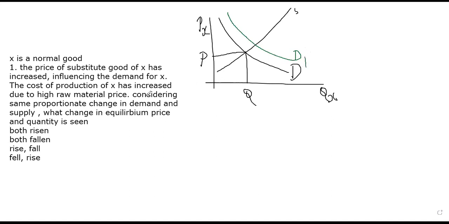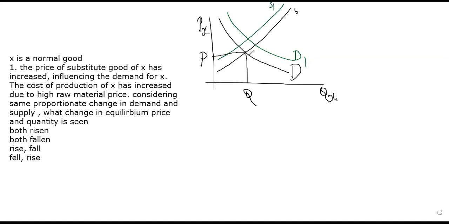And in the same proportion, they have given that the cost of production of X has also increased. So to which direction will the supply curve shift? Left, ma'am. Leftward shift, in the same proportion.